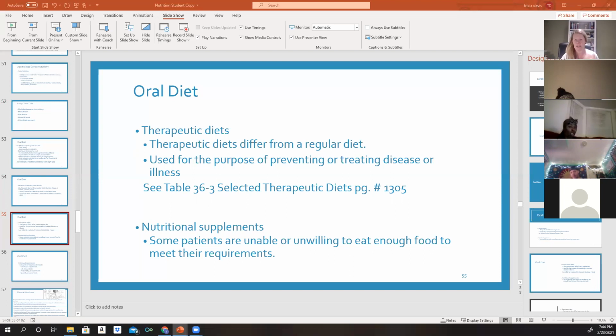A lot of patients like those. They seem to like the chocolate ones and the vanilla ones. You can fill a cup up with ice, and a lot of patients like it. They say it tastes like a milkshake. So those Ensures have a lot of nutrients in them. They're not as great as a meal, but they are a nice added bonus to helping them get their nutritional intake for the day.